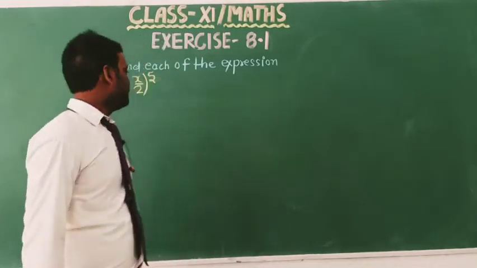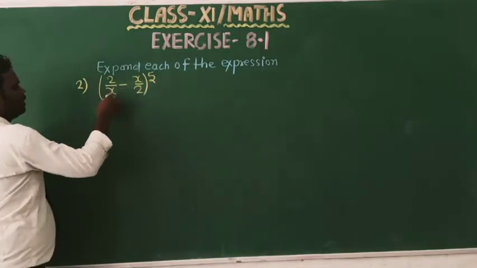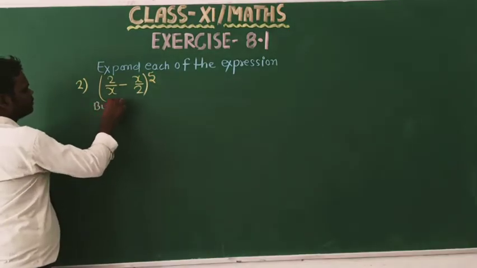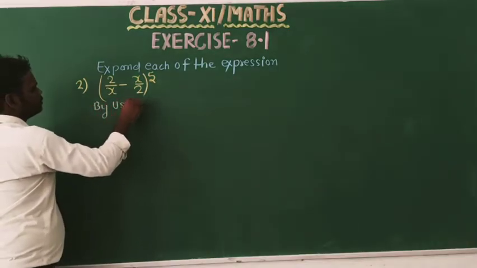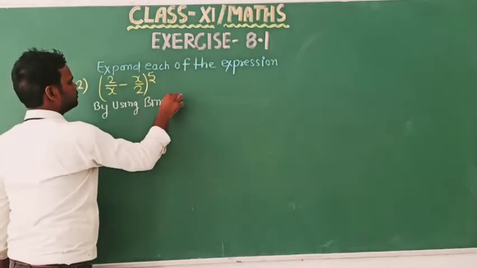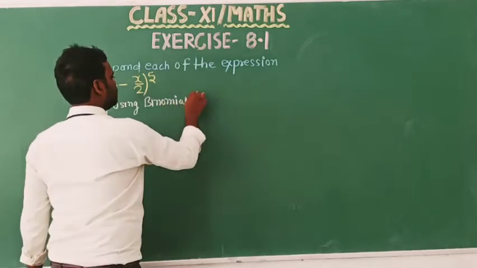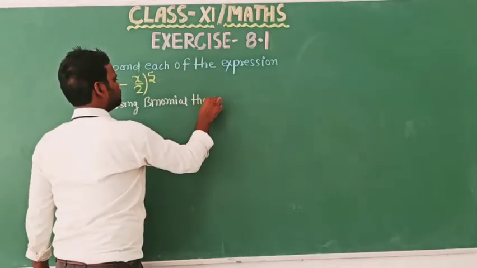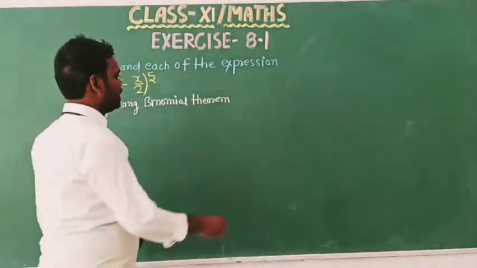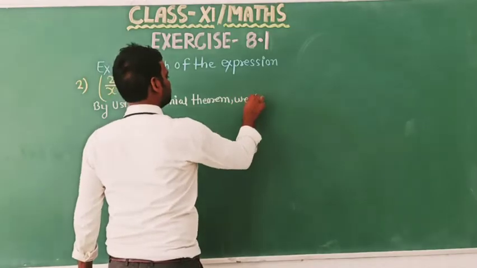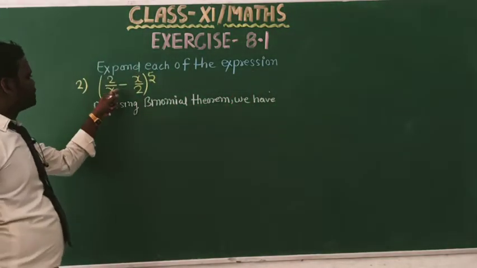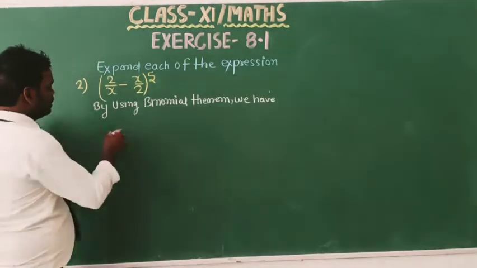So by using the binomial theorem, we have (2/x − x/2)^5.